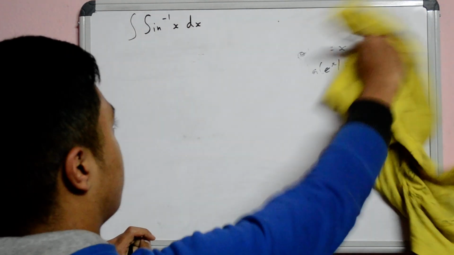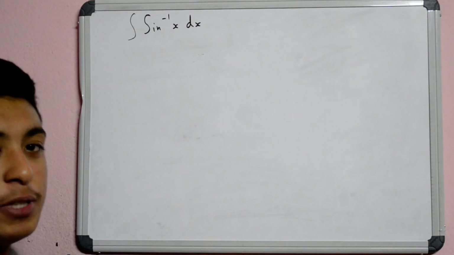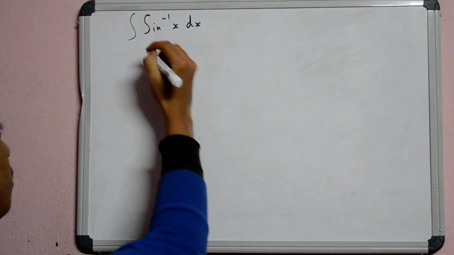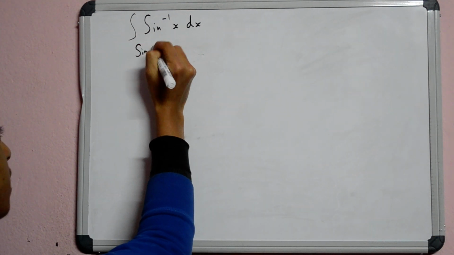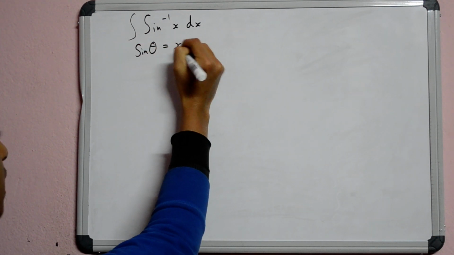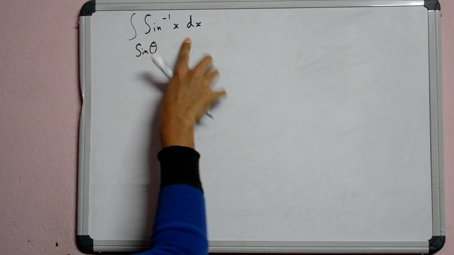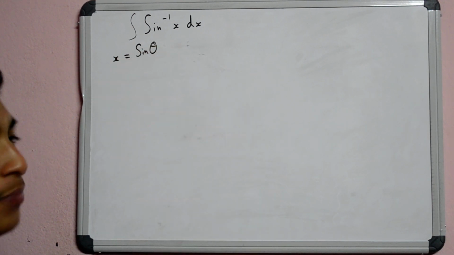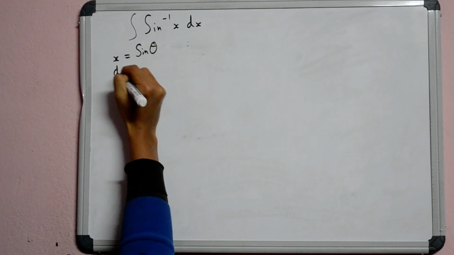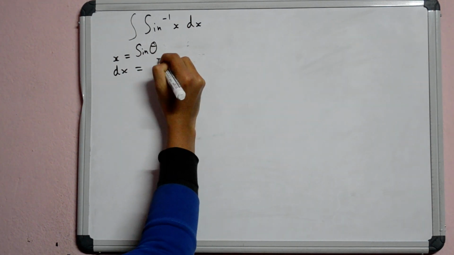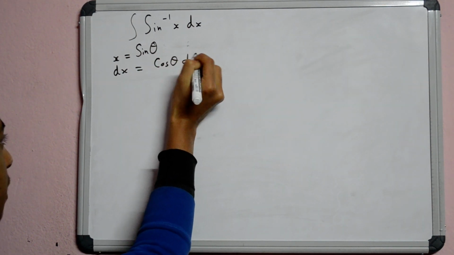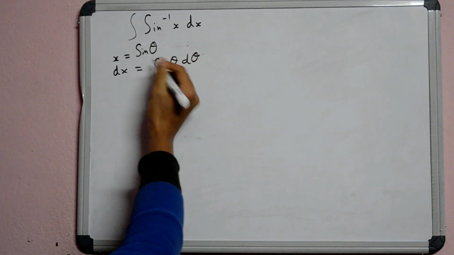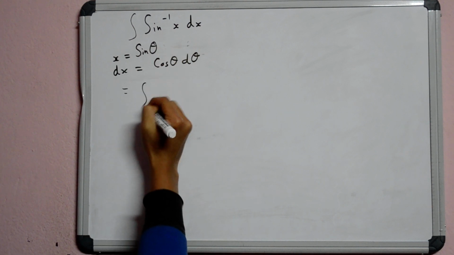So we can simply use the substitution method, and here we can substitute, let's say, sine theta as x, or x equals sine theta. Now in the next step, we obviously differentiate both sides. So this is cos theta d theta, and let's put it back here.